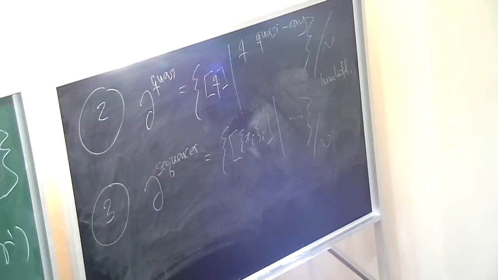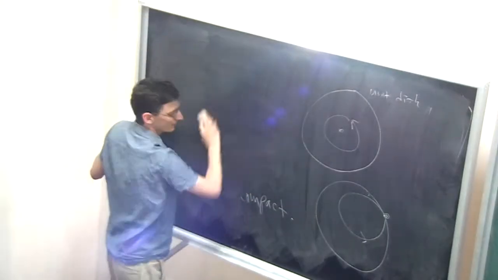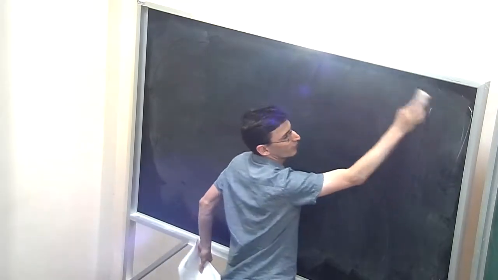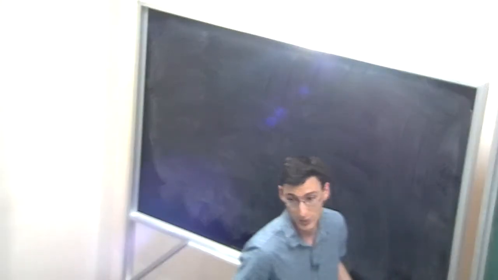So in principle, I have three things and I want a bijection. I might have to show a bunch of well-definedness, a bunch of injectivity, and a bunch of onto. So I'll just do a couple.